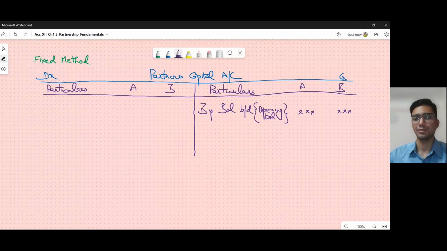The next item which we must know, which comes in this kind of account, is going to be any addition of capital. So by cash or bank.